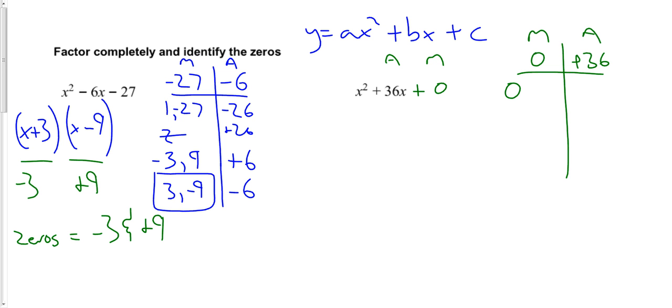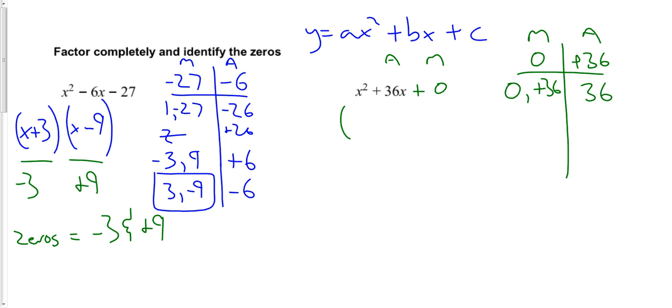And I need something that will add to 0 to equal positive 36. So in this case, positive 36 is what it is. Okay, so 0 plus 36 equals 36. So obviously 0 and 36 are going to end up being my two factors.